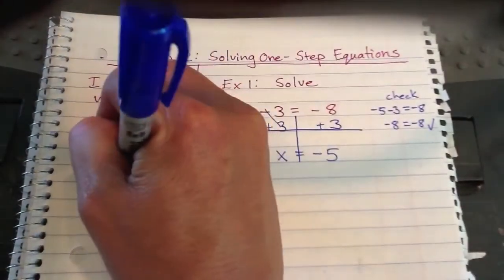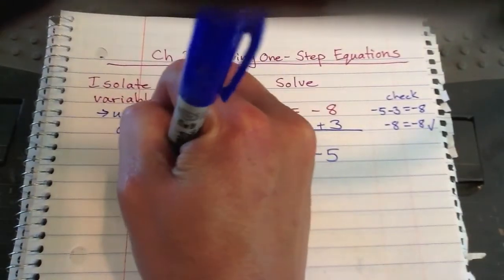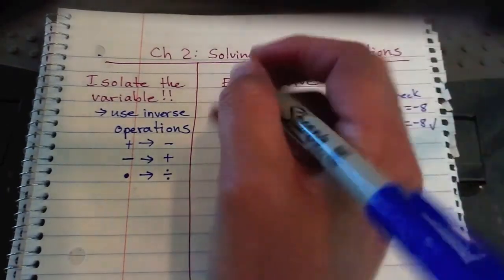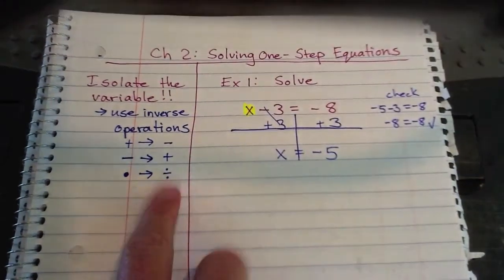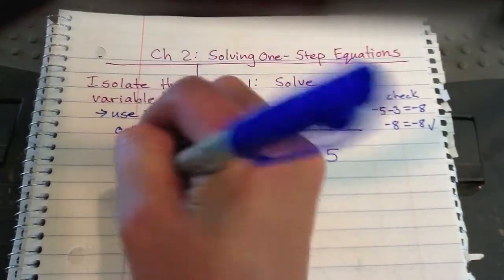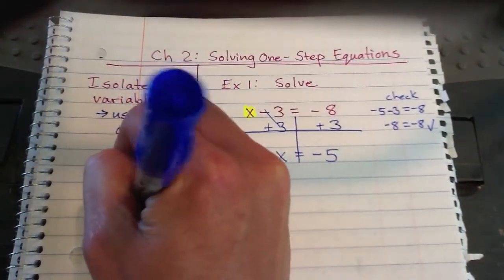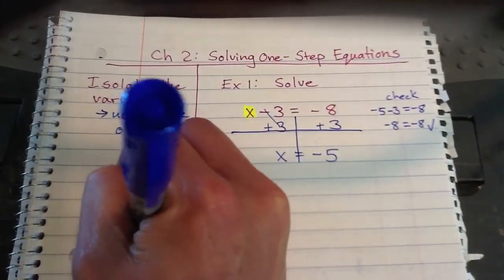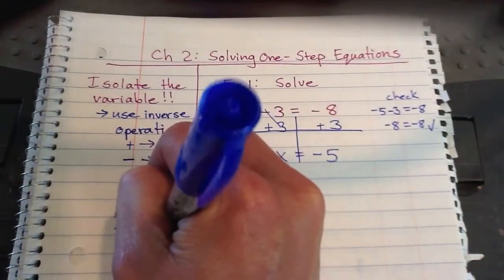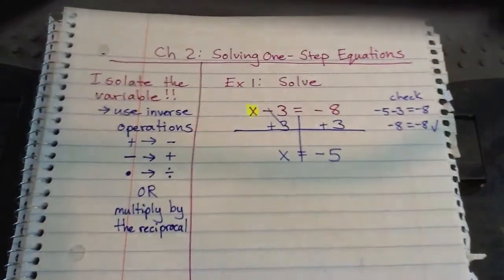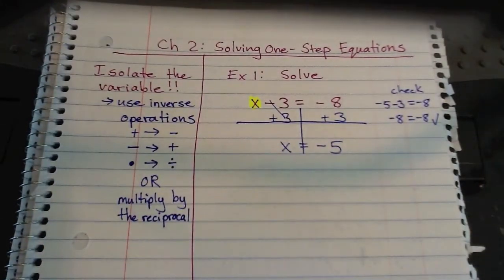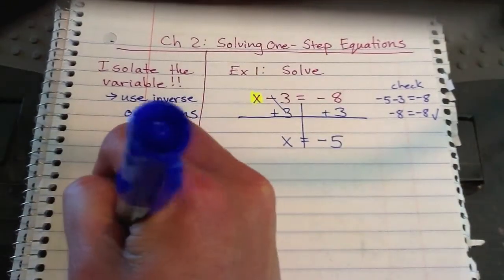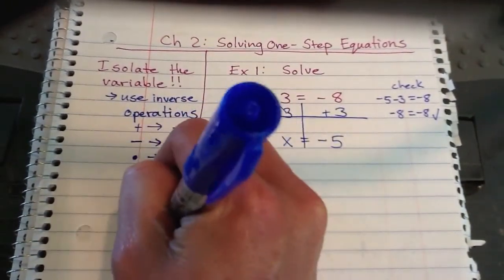If it's multiplication, you're going to use division. The other way to look at multiplication is multiplying by the reciprocal, and we'll show an example of that. And then for division, you would use multiplication.